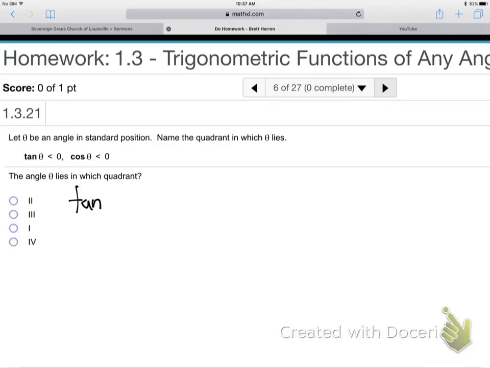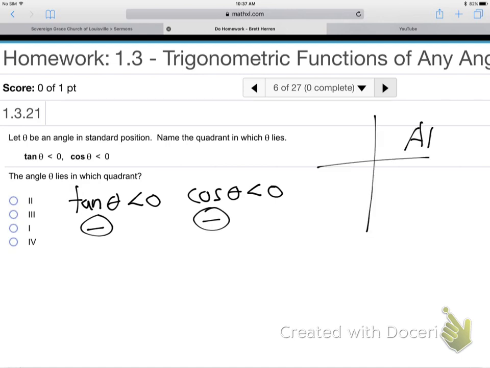So tangent of theta is less than 0. Cosine of theta is less than 0. So they're saying tangent is negative and cosine is negative. Do the all students take calculus thing. So see if you can figure out where that's at.